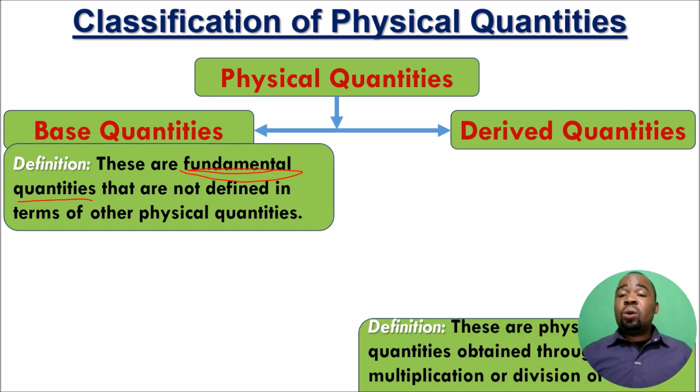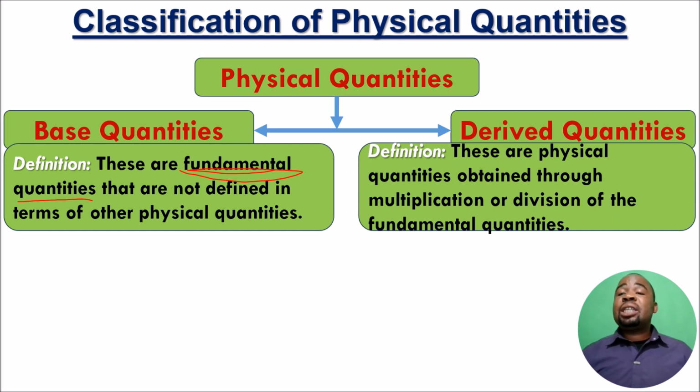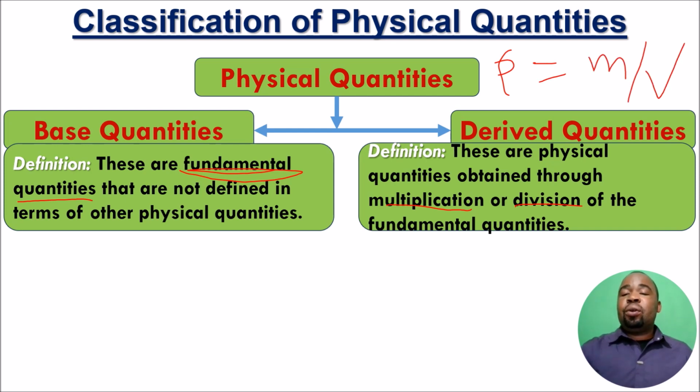Let's look at derived quantities. These are physical quantities obtained through multiplication or division of fundamental quantities. In some cases, you may use both. For instance, I'm going to revisit density. We say the density is mass divided by volume.